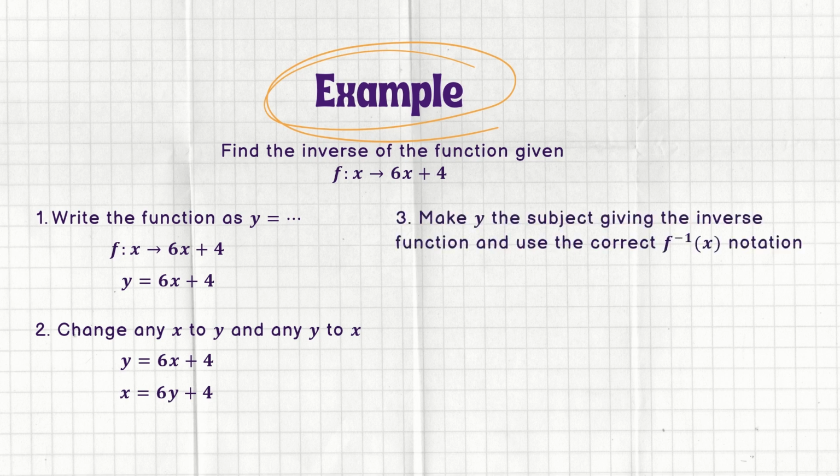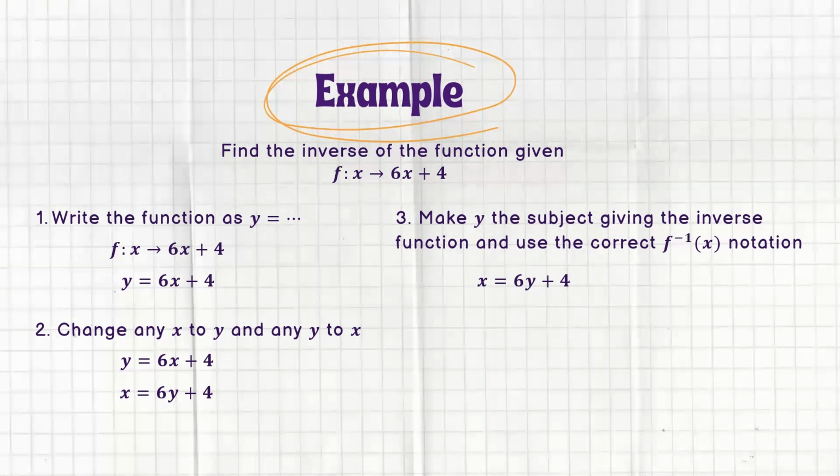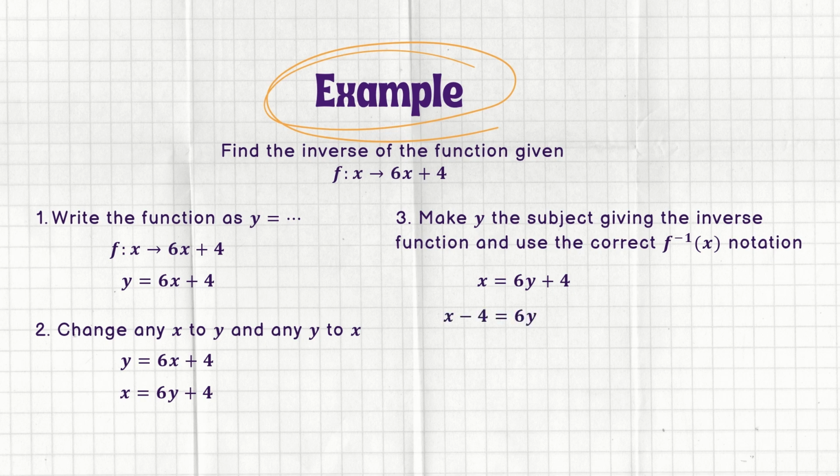The last step is to make y the subject, giving the inverse function, and then we use the correct f minus 1 of x notation. So before, we already did x equals 6y plus 4. So to make y the subject, we need to move this 4 to the other side. So we've got x minus 4 equals 6y. And to remove the 6 from 6y, we need to divide.